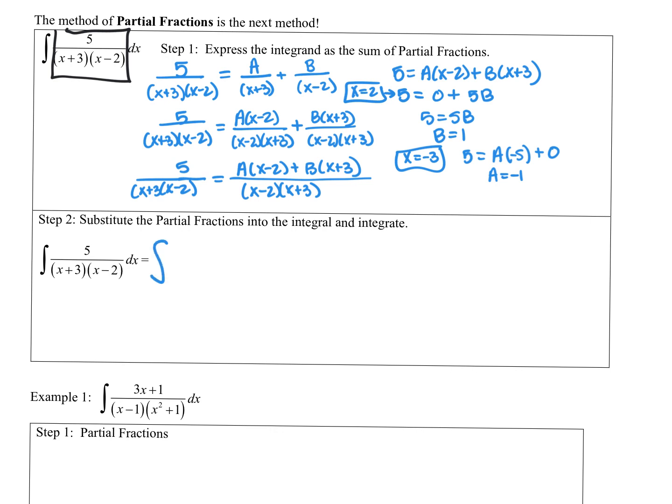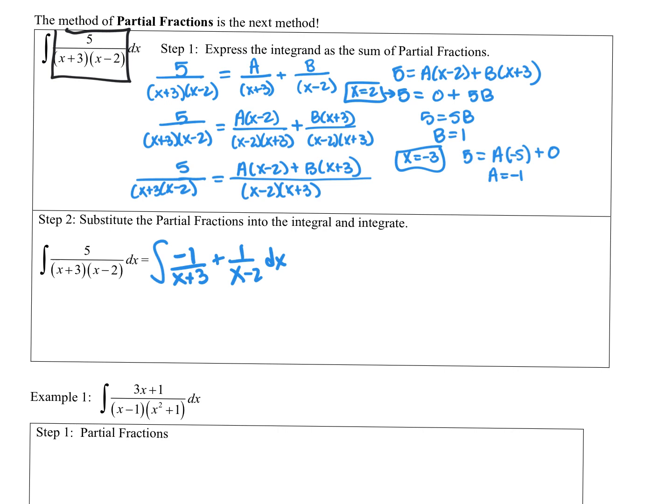The integral of -1 over x plus 3 plus the integral, or I'm sorry, plus, we won't separate the integrals yet. I want you to see what we're doing. Plus 1 over x minus 2. So this fraction inside breaks up into these two partial fractions because of what we had up there, where A is -1 and B is 1.